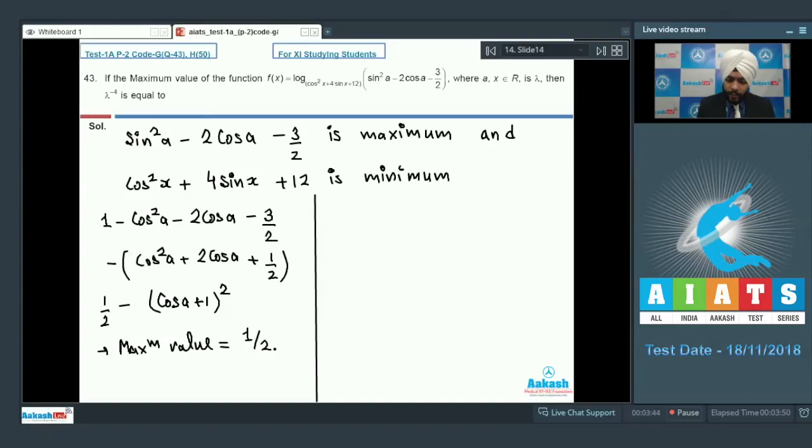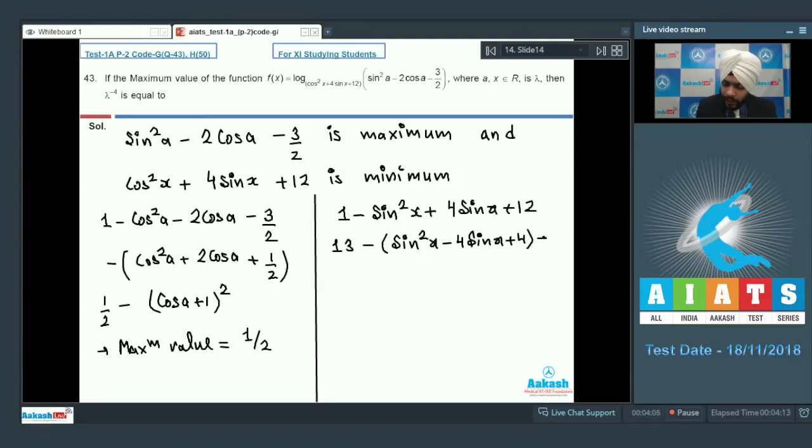Now let us talk about the minimum value of this expression. It is 1 minus sine square x plus 4 sin x plus 12. That is 13 minus sine square x minus 4 sin x, plus 4, and then outside again plus 4 because this 4 is of a negative sign.